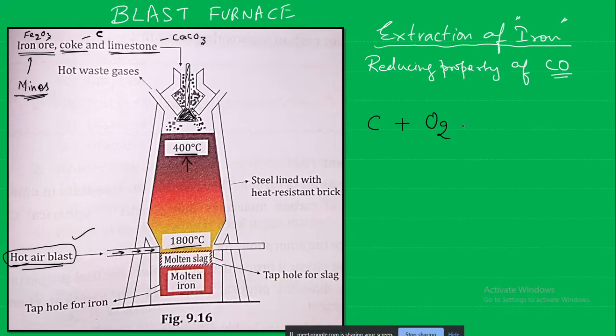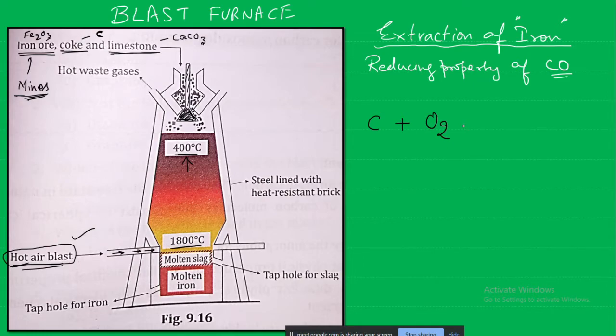This carbon dioxide gas will react with coke or carbon. So carbon dioxide again reacts with coke to form carbon monoxide.